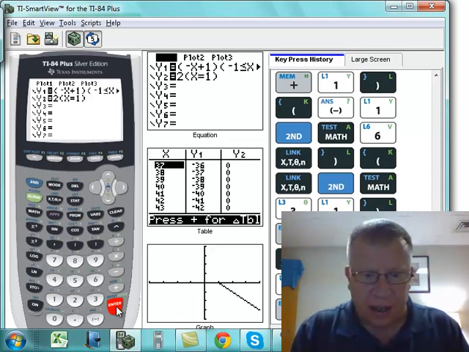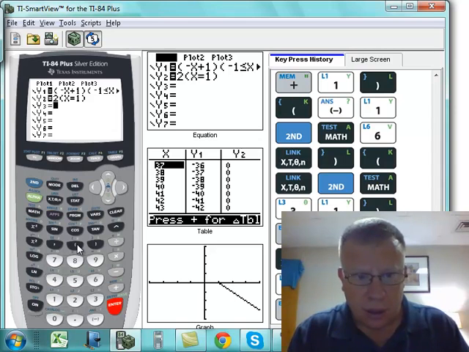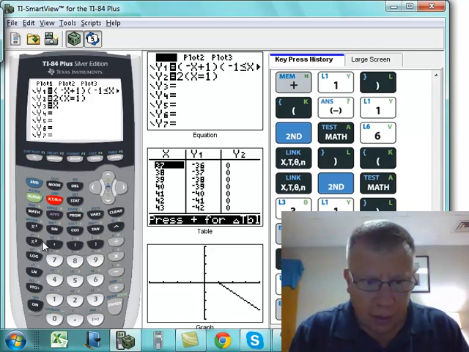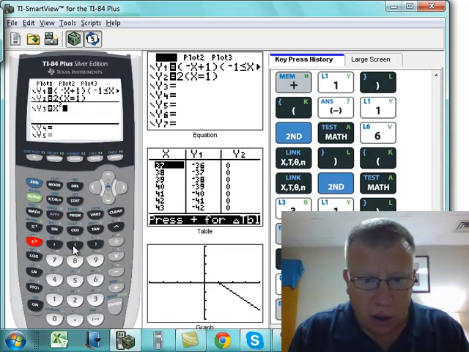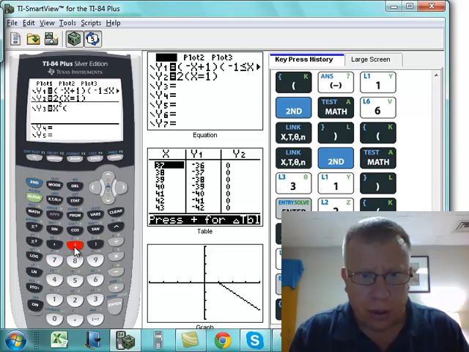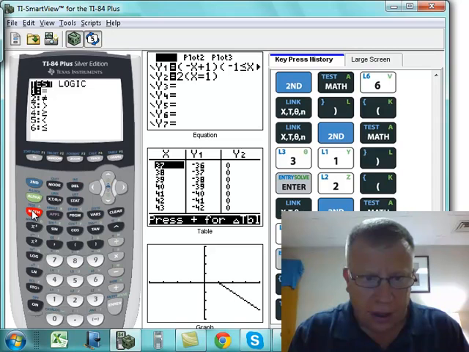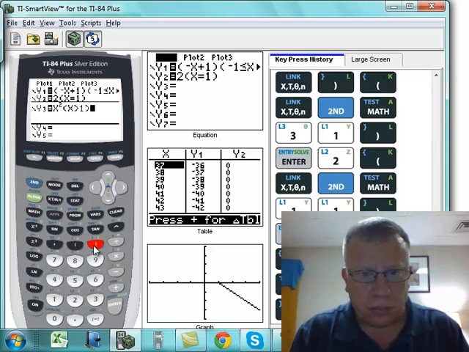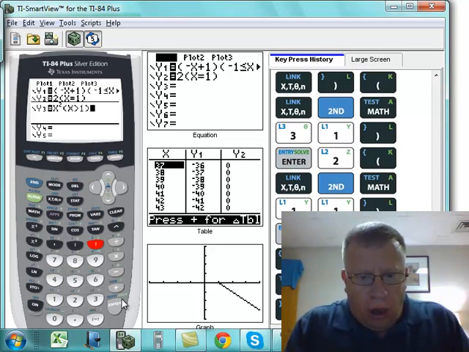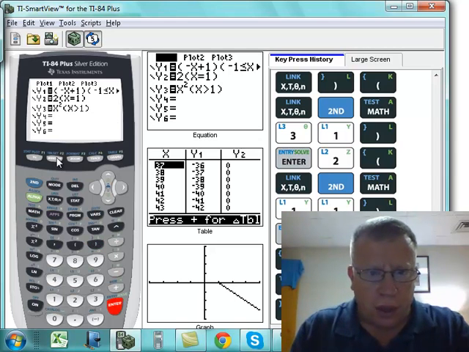And finally, let's do x squared. So x squared. And then in open parentheses, we're going to do x greater than, hit option 3 there, 1, close parentheses. Let's go to our viewing window.